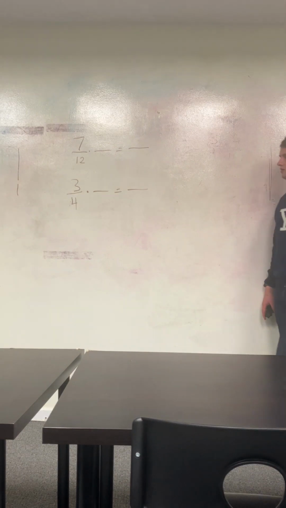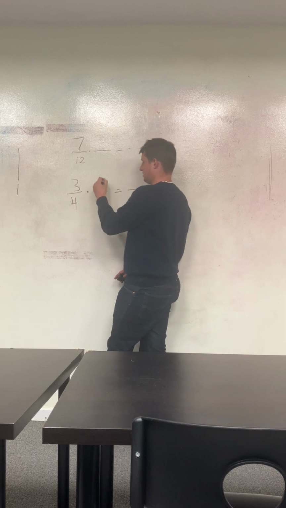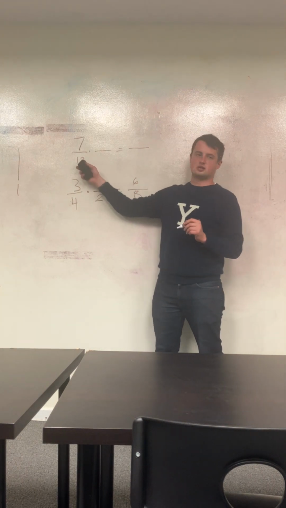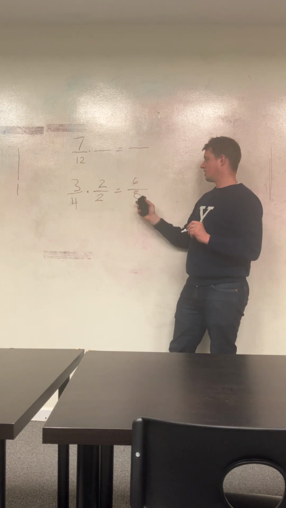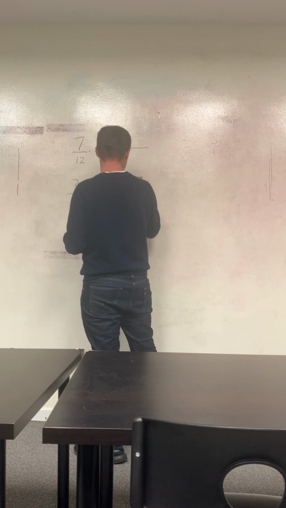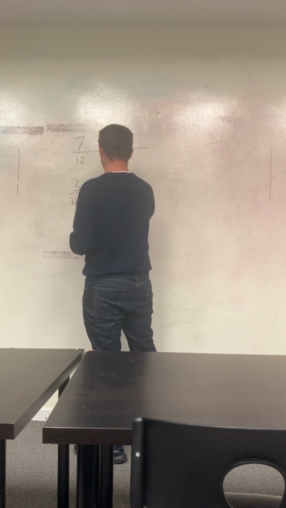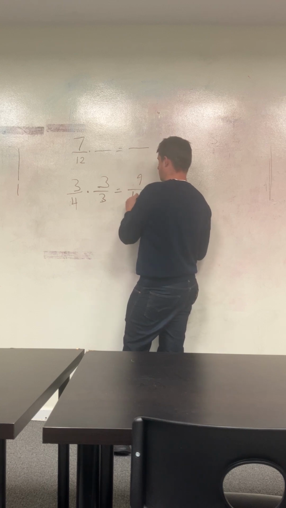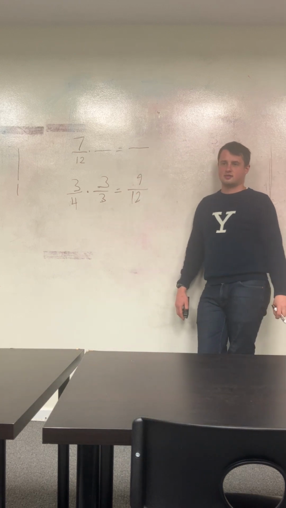Yeah, look at the 3 over 4 first. 2 over 2, let's see what we get. 6 over 8. I don't think we can multiply 12 by anything to get to 8 in the denominator. Let's do 3 over 3. You want to do 3 over 3? Okay. 9 over 12. Now what do we multiply the top by?